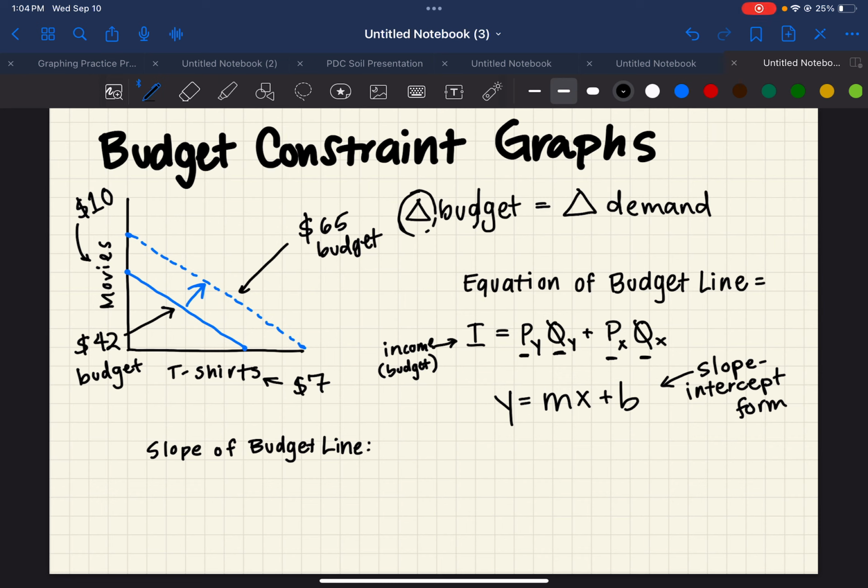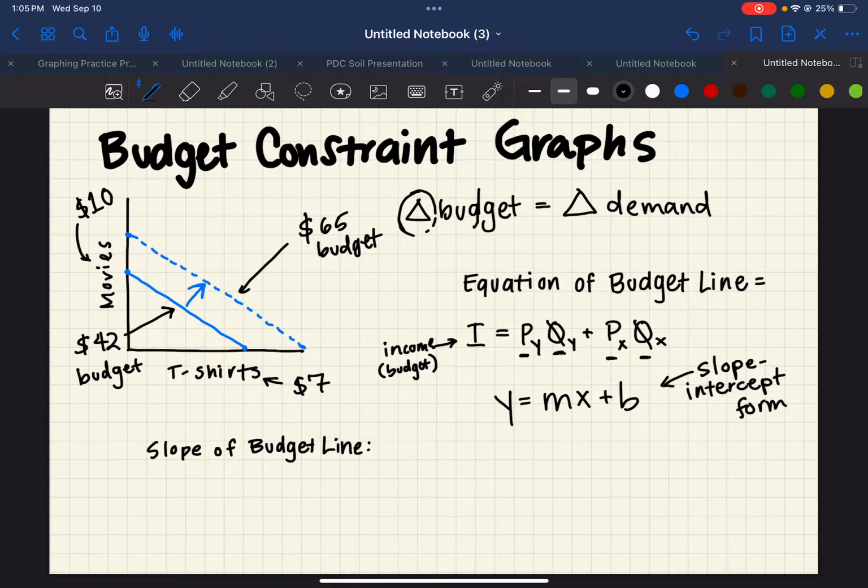We use different variables in our budget line equation because we're talking about specific things. We're talking about goods and their prices and the income, and we've swapped out those variables from the slope-intercept form. But they're the same thing. You could take our budget line equation and do some fancy algebra to it and move all of those variables around to be in slope-intercept form.